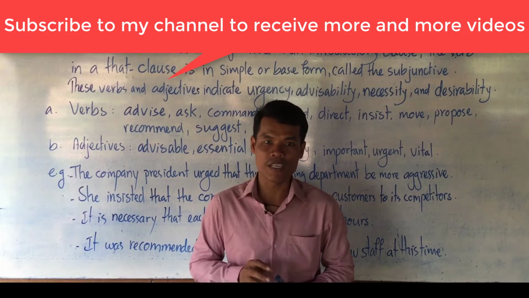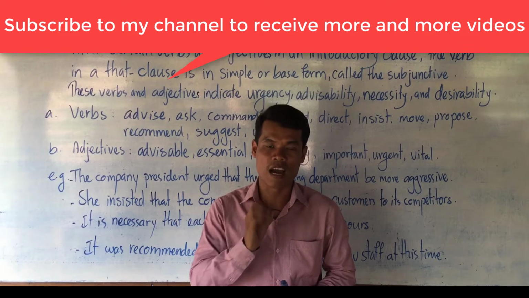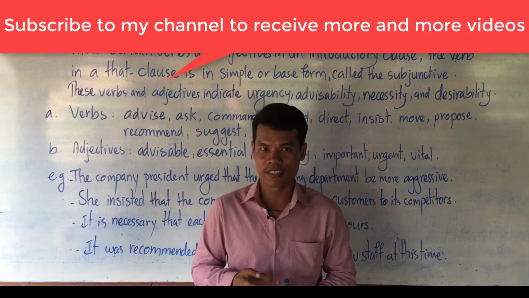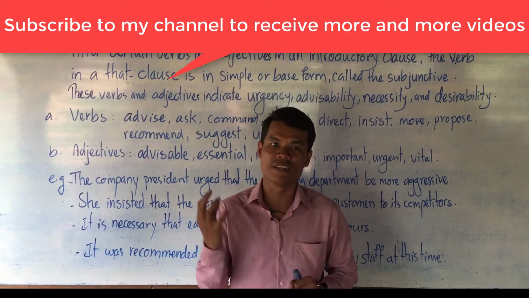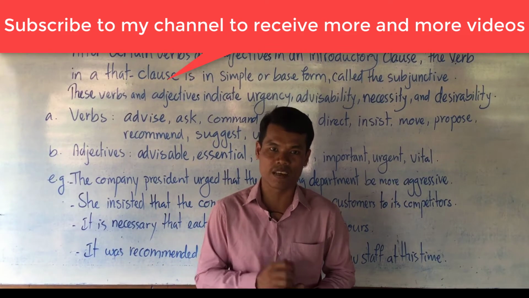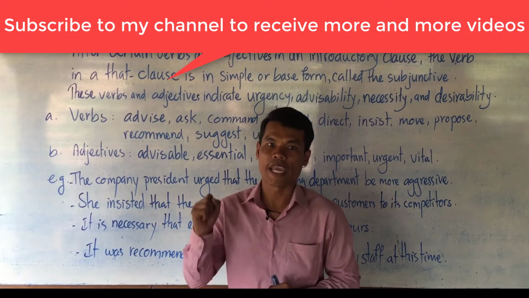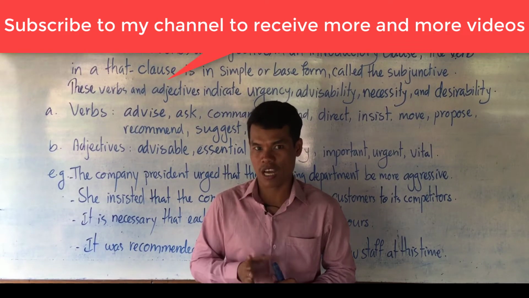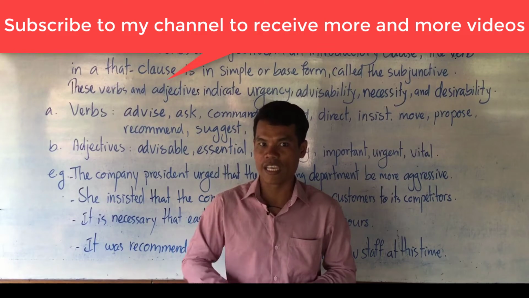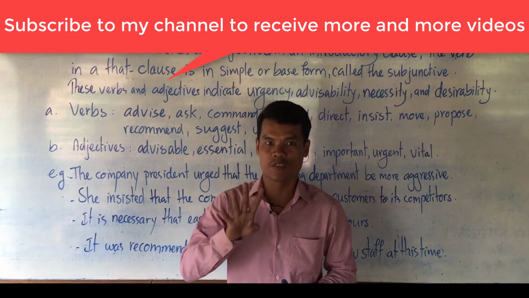Group number 3, indirect object required. For group number 3 here, you cannot delete the indirect object at all. And group number 4, indirect object is optional. So totally there are 4 groups.